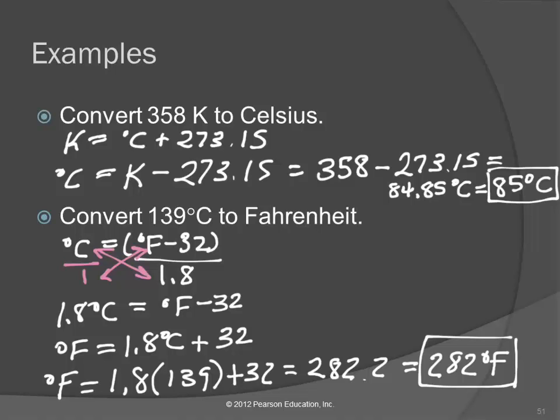You shouldn't go from uncertainty in the ones place to uncertainty in the tenths place just because you did some math. Any questions about those examples? I worked the two examples that are more difficult. The other two types of problems, you would just use the equation as it's given and you wouldn't have to rearrange that.